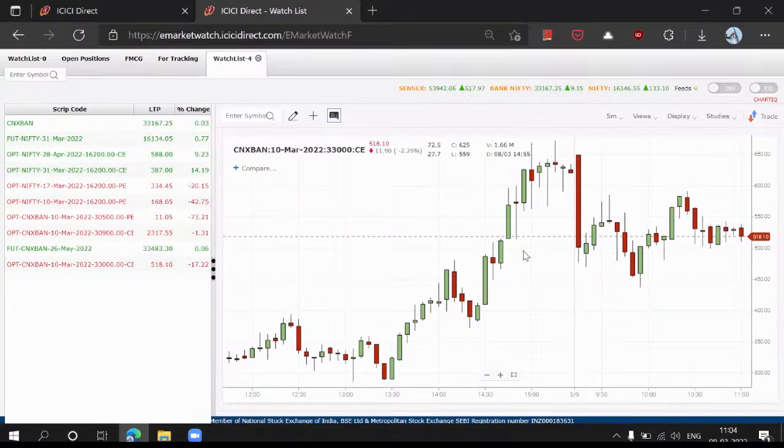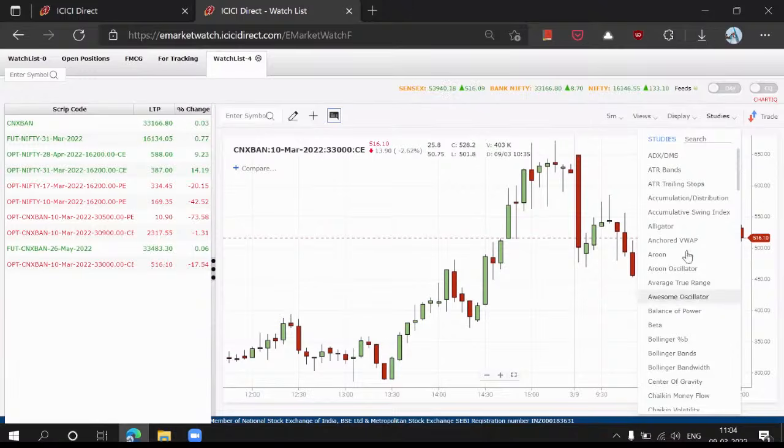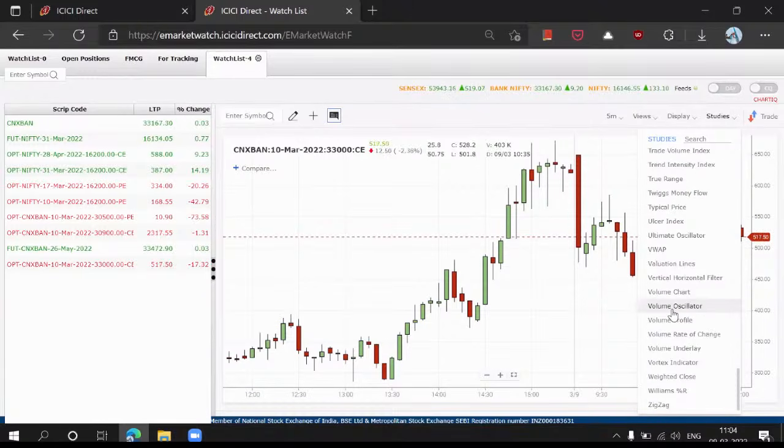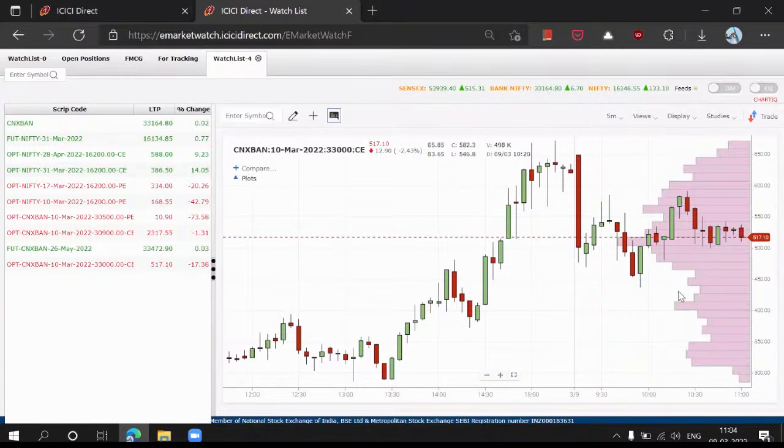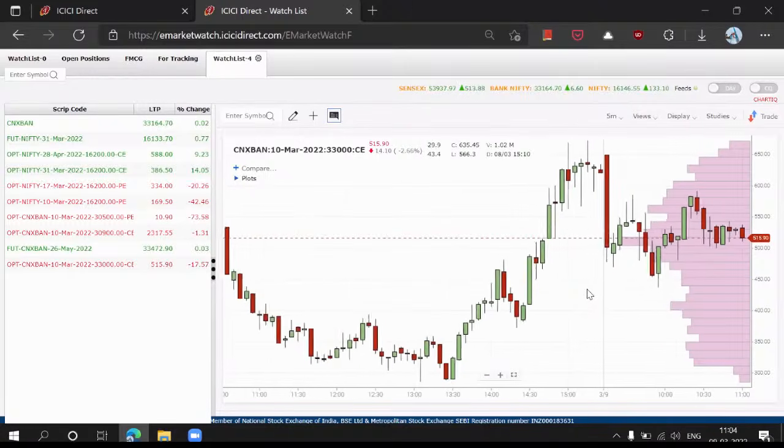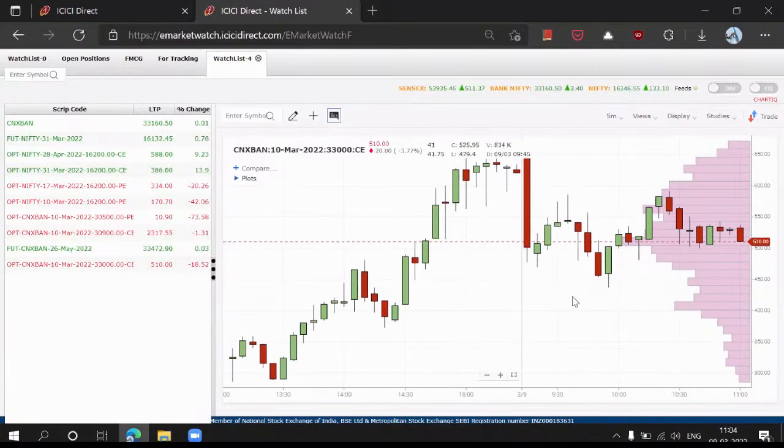With this charting library that you see here, there are a lot of studies which you could do. Let's build the volume profile on this chart itself, to see where people are buying these options.